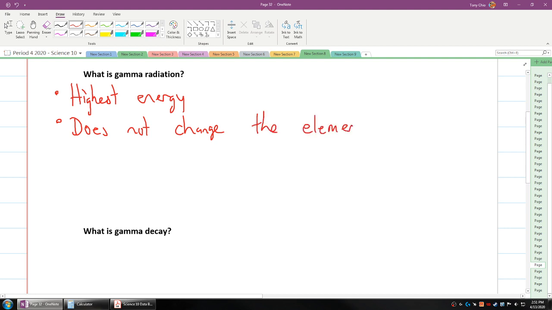Instead, it's a redistribution of energy. It's the highest energy, it does not change the element, and thus, because of that, it has no mass or charge.